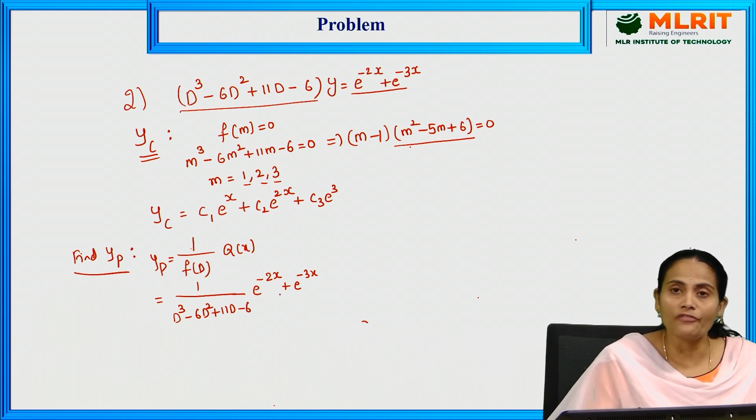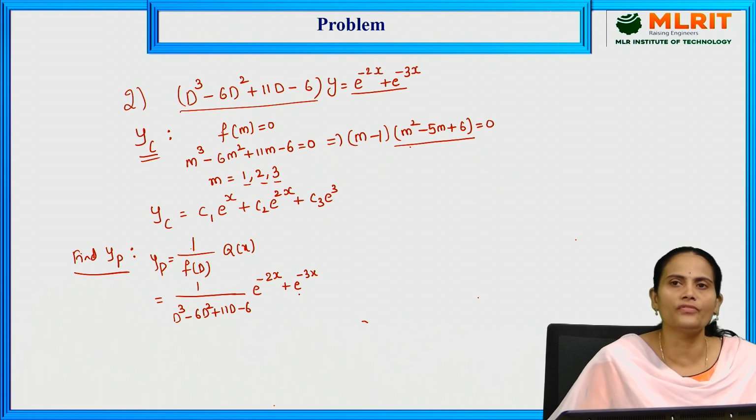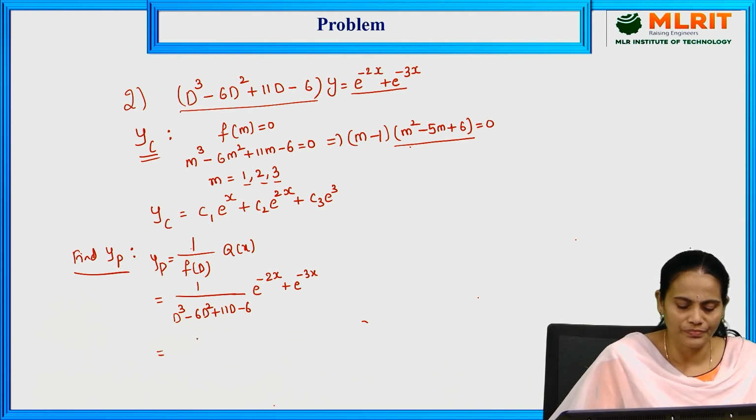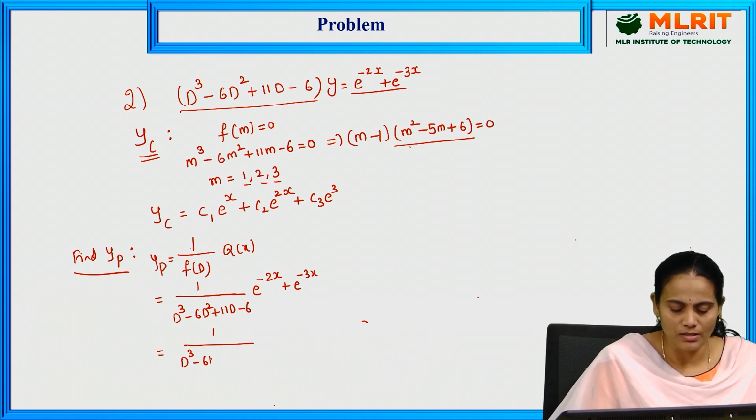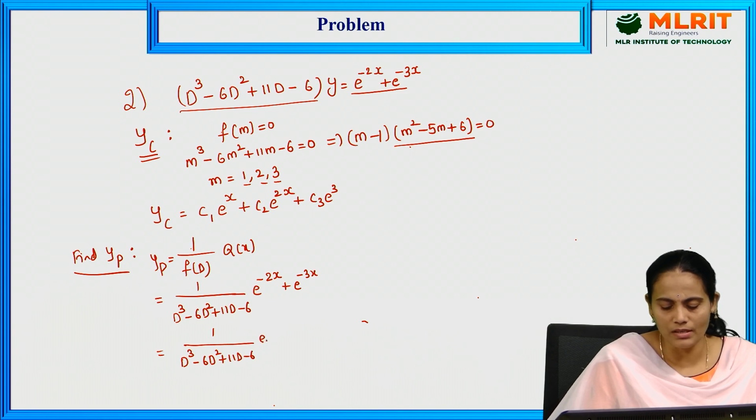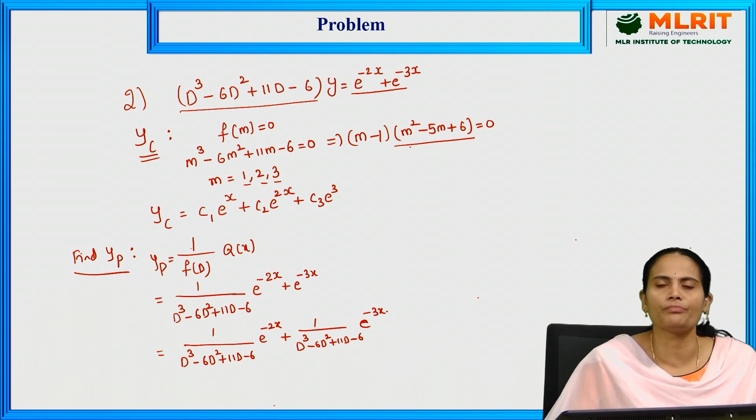Now we have to split and then find the yp: 1 by (D cube minus 6D square plus 11D minus 6) into e power minus 2x, plus 1 by (D cube minus 6D square plus 11D minus 6) into e power minus 3x.